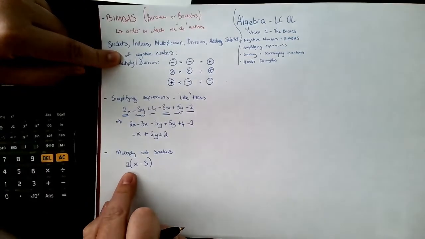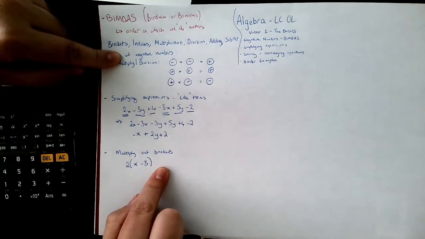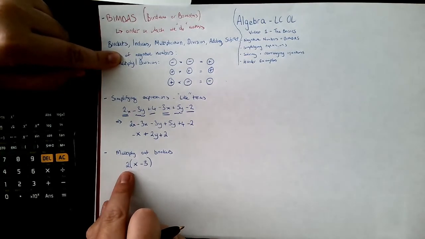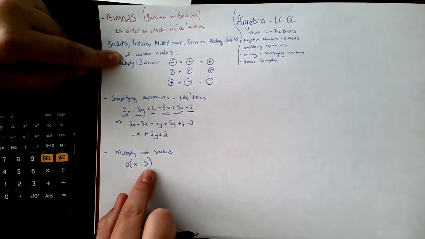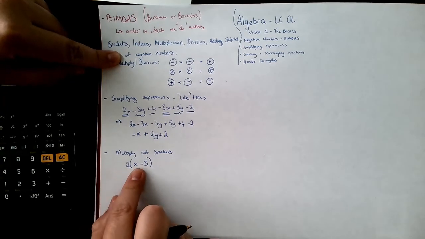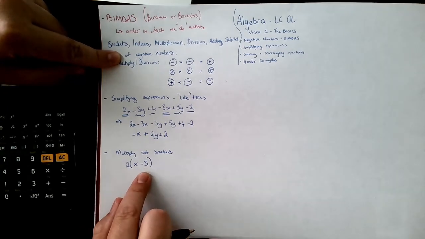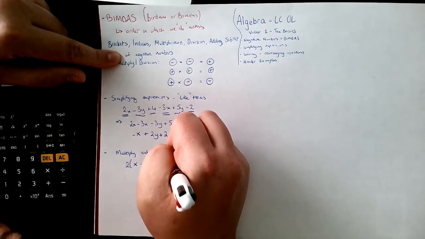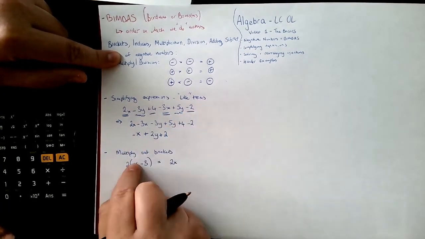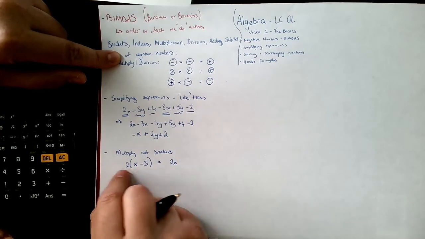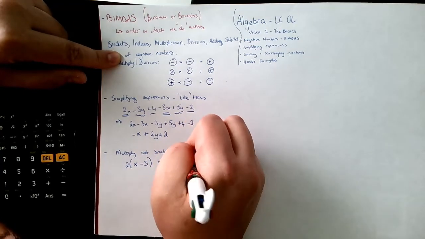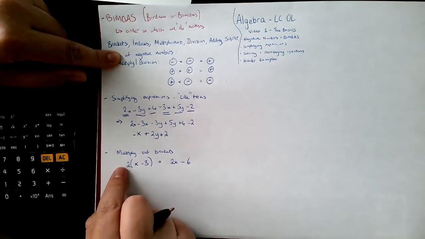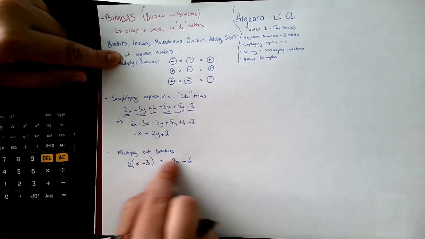So this bracket can be multiplied out because we're saying we have 2 multiplied by x minus 3. So it's 2 multiplied by x plus 2 multiplied by minus 3. So that's going to give us 2x, because it's 2 multiplied by x, minus 6, because it's 2 multiplied by minus 3.